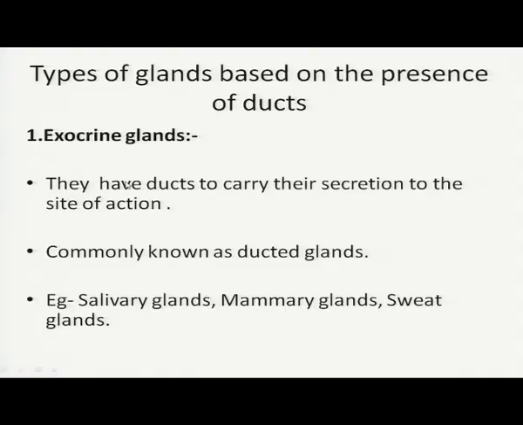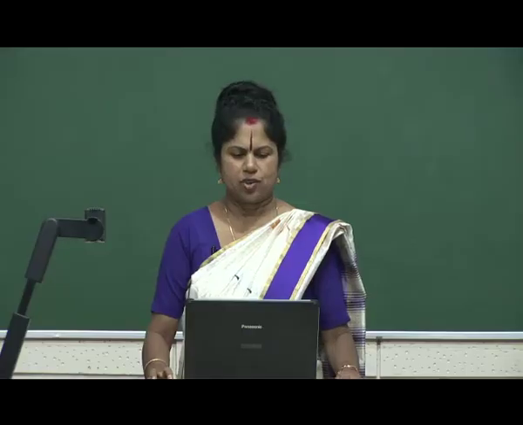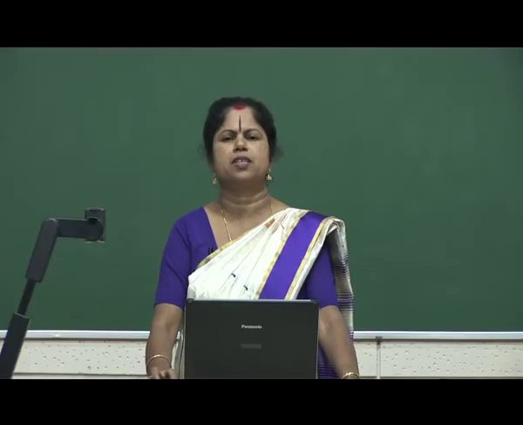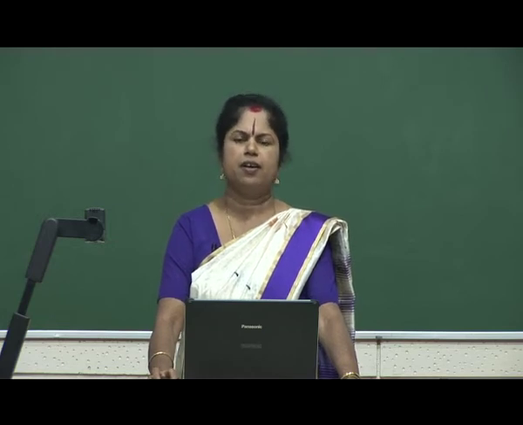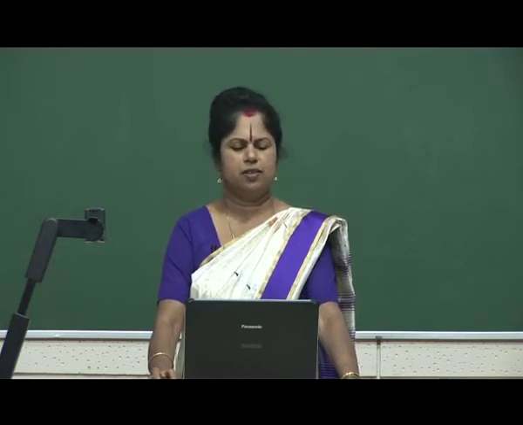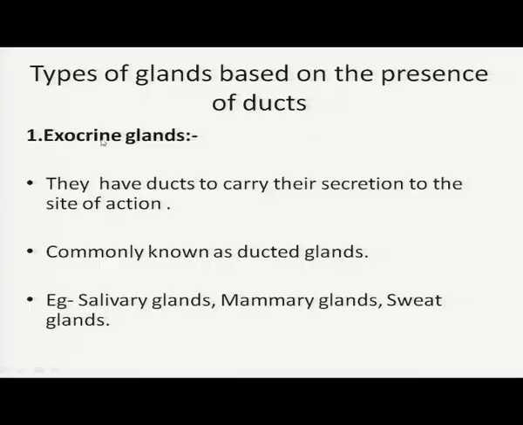Now, coming to the category of glands based on the presence of ducts. Whether it possesses a duct or no ducts. So, based on the presence or absence of ducts, we can again classify glands into different types. The first category is known as exocrine gland.